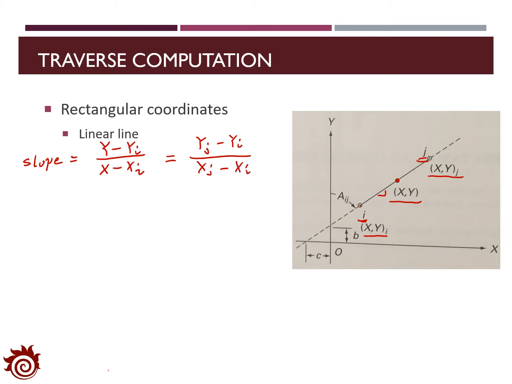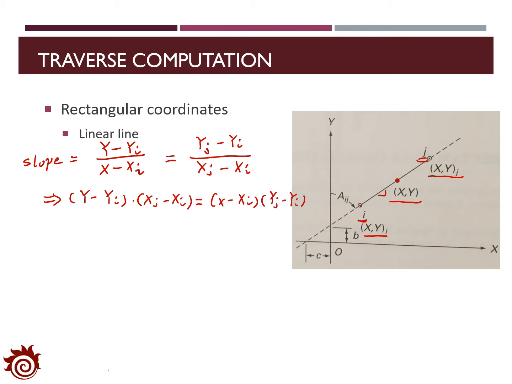With that, you can further derive the relationship between x and y, which will give you y minus yi times xj minus xi equal to x minus xi times yj minus yi.